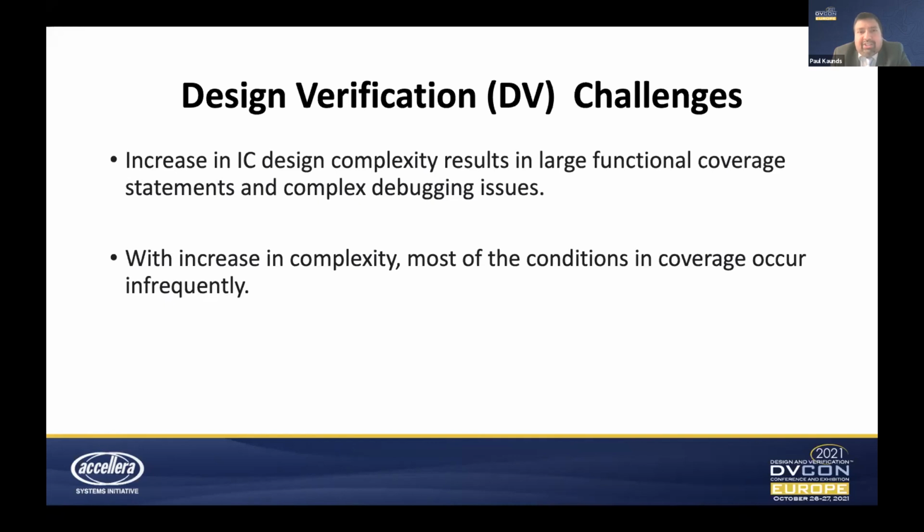When we move on to the subsystem level, we give more importance to the use cases, and we focus on the toggle coverage of the interacting IPs where it is supposed to be hitting. And then at the SOC level, it's mostly use cases and a few important test cases: end-to-end data paths, clock resets, memory, and different data paths. So these are the major design verification challenges we have today.